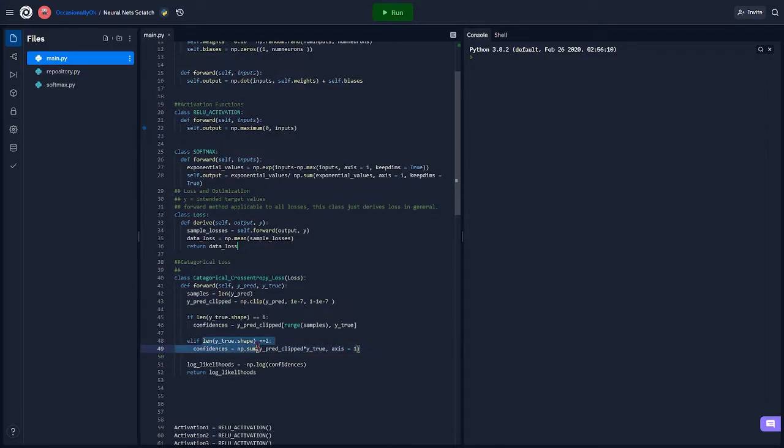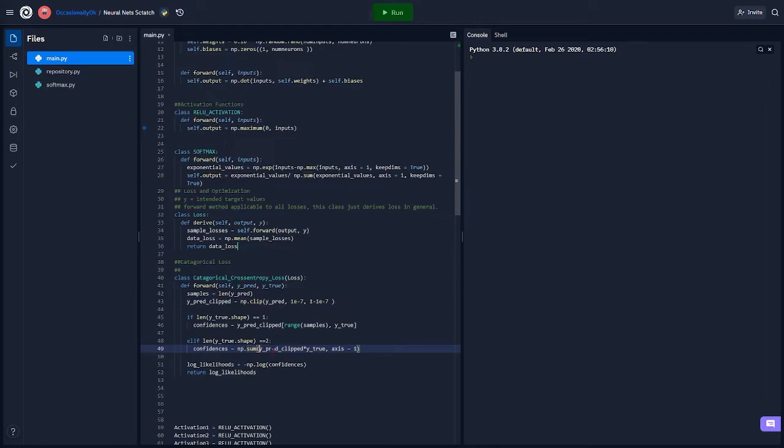And this checks if the shape of y true is 2, which means it's a 2D array. It'll calculate the confidences in the way that we know of, in which it multiplies all the one-hot vectors and the indexes for every single input. And it'll do this by row, because the inputs are ordered by rows.